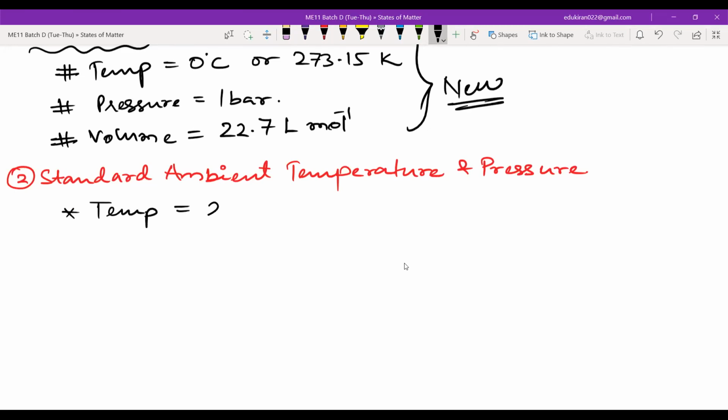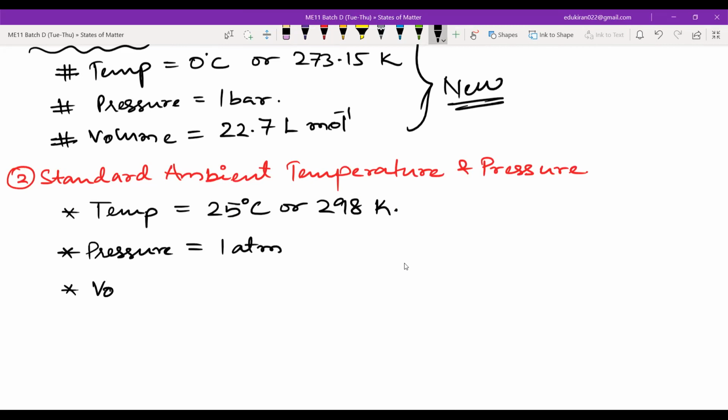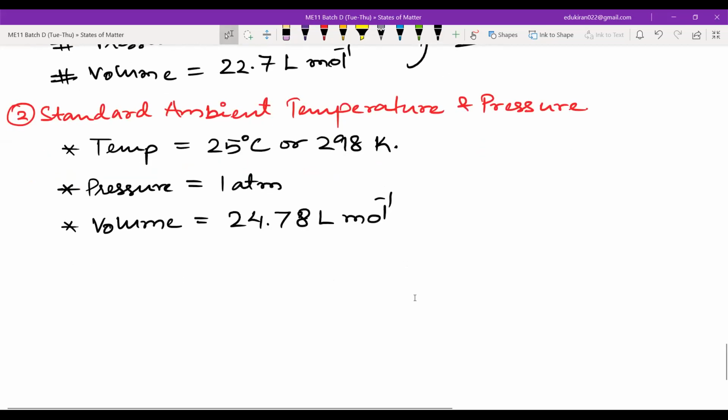Room temperature is taken as 25 degrees Celsius or 298 Kelvin. The pressure is normally 1 atm. And here the volume comes out to be 24.78 liters per mole. This is the standard ambient temperature and pressure.